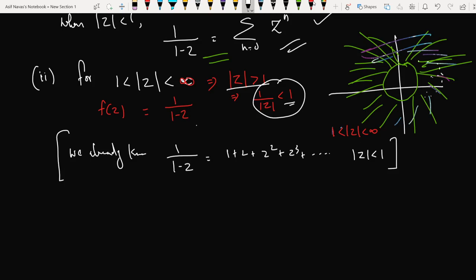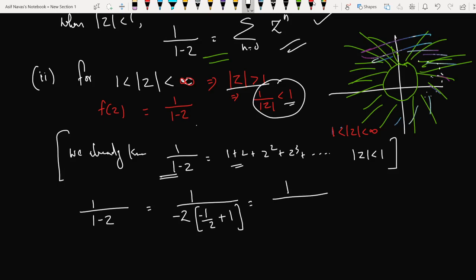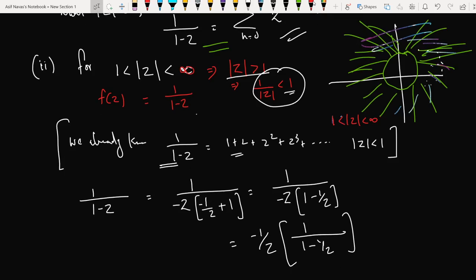So what we will do is we will make it into some form like this, right? We have 1 by 1 minus z. If I take minus z outside, then what will happen? Minus 1 by z minus 1. So this I can write as minus z into 1 minus 1 by z. So this is equal to minus 1 by z into 1 by 1 minus 1 by z.